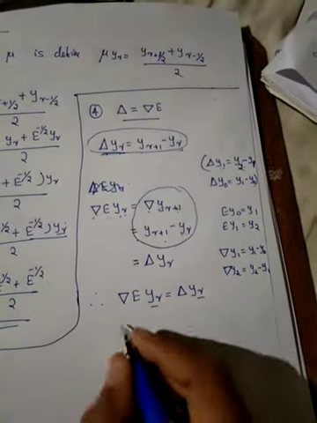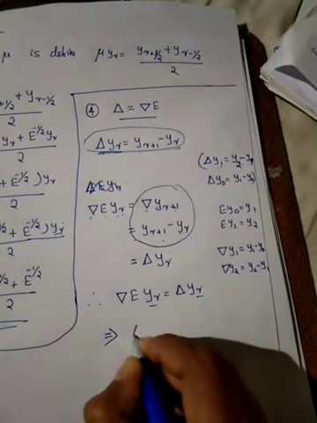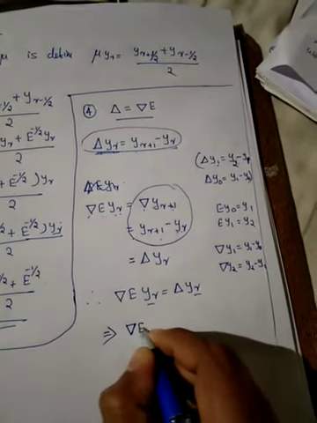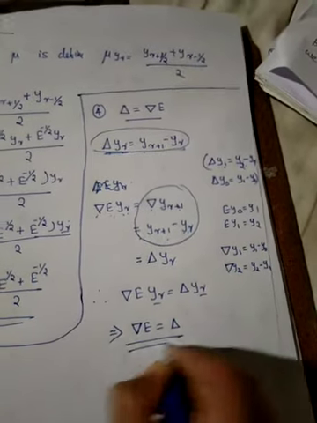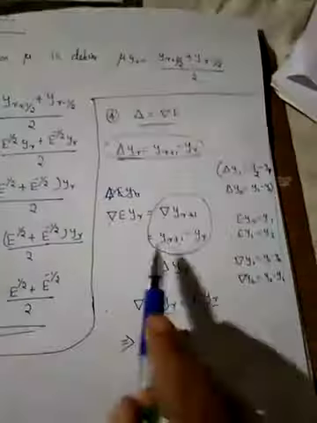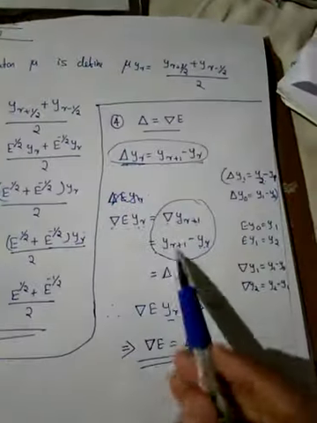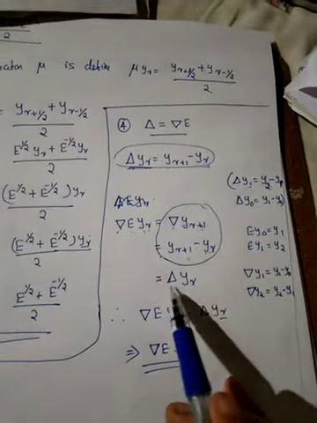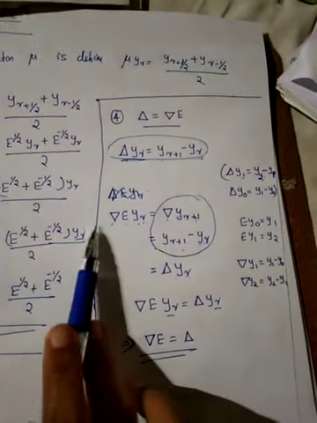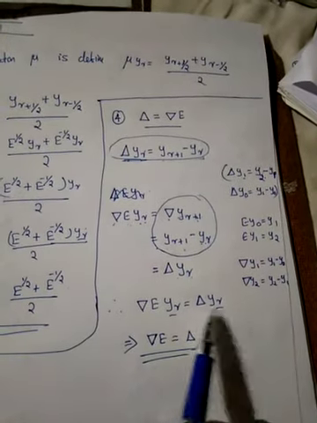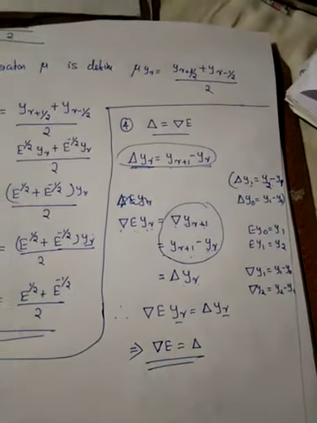So yr is common, so it's cancelled. That implies ∇E equal to Δ. Okay, here yr+1 minus yr equal to Δyr, so substituting this value, ∇Eyr equal to Δyr, which implies ∇E equal to Δ.